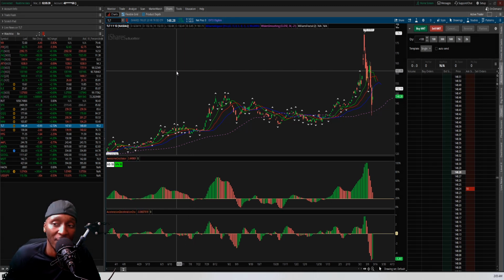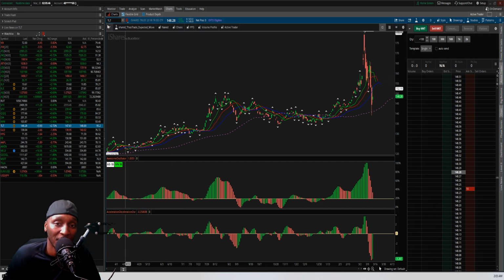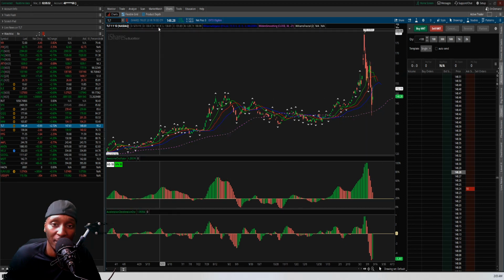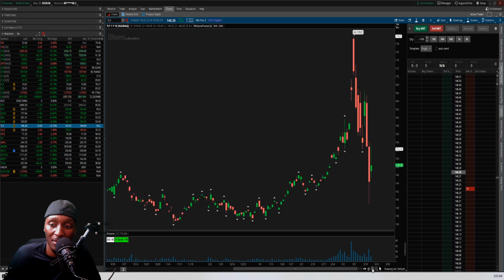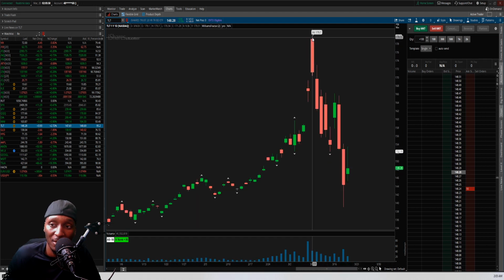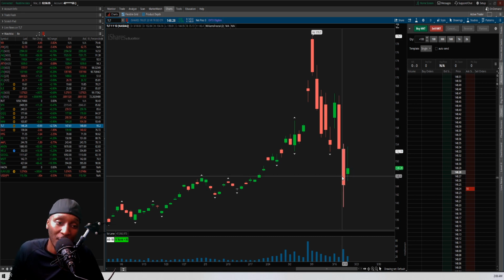So if you wanted to invest in bonds, you could purchase a share of the TLT for $148.28. And then if you wanted to just look at the chart and see how it's trending, you can see that the high was 179 and now it's down to 148. So it's about $31 off of its high.